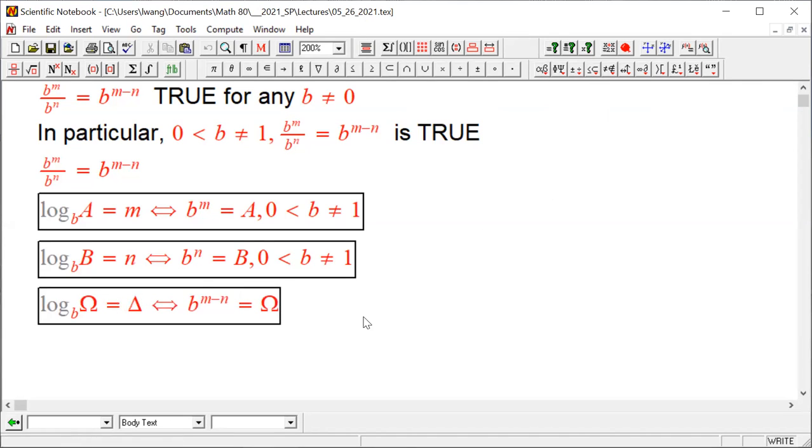And what is my triangle? You see that this is by definition, right? But I'm working on b to the power m minus n. So triangle is m minus n.